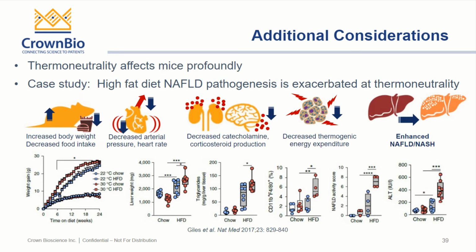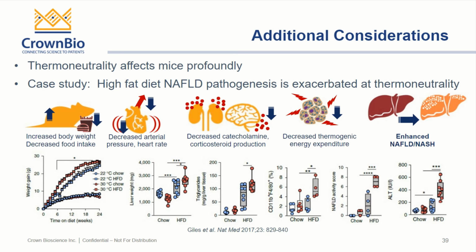Studying rodents at their own thermoneutral temperatures, where the sympathetic activation is not chronically in play, can result in enhanced obesity phenotypes and alter the magnitude of comorbidities. The animal is affected systemically, showing decreases to blood pressure and heart rate, diminished production of endocrine, catecholamine, and corticosteroid hormones, and decreased thermogenic energy expenditure.